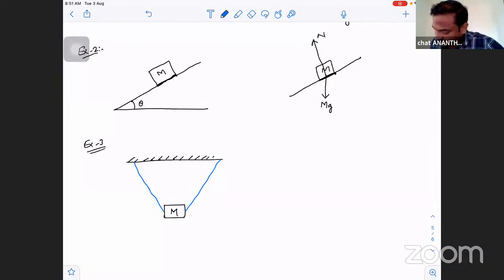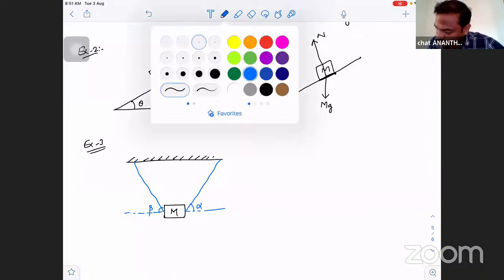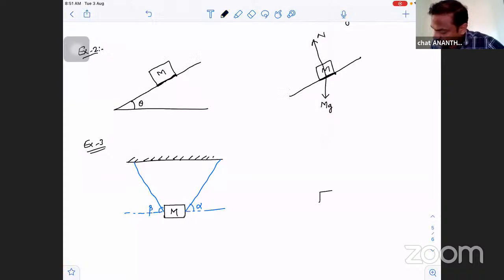Okay, then if I take an object, let us take this angle as alpha. This angle is beta. See, I'm slowly preparing you for the questions. So there is a block of mass m in the free body diagram. Weight will act vertically downward. For one string, tension T1 will act at an angle alpha. The other string, T2, at an angle beta.